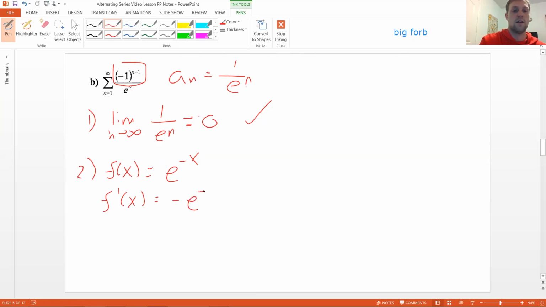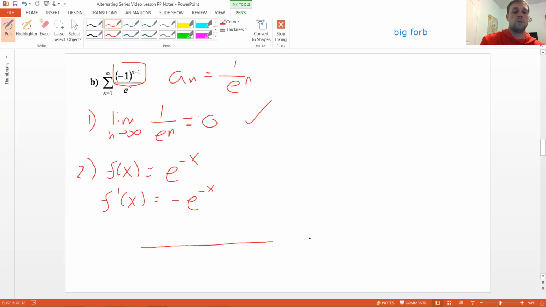Negative e to the negative x, right? Any questions on that? The derivative of e to the negative x is e to the negative x times negative 1.